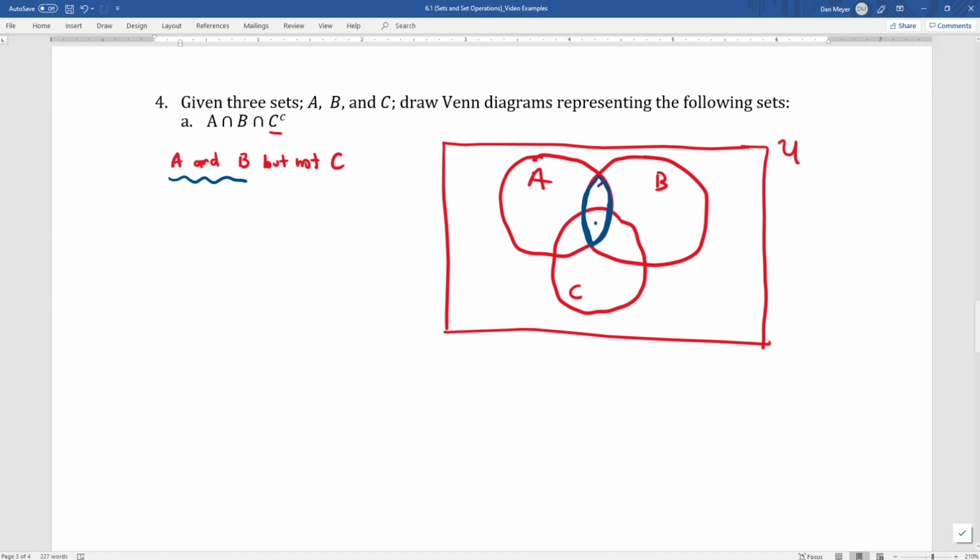And so the part of A and B that we want to keep is the top half of that football shape. All right, so there's our A and B, but not C.